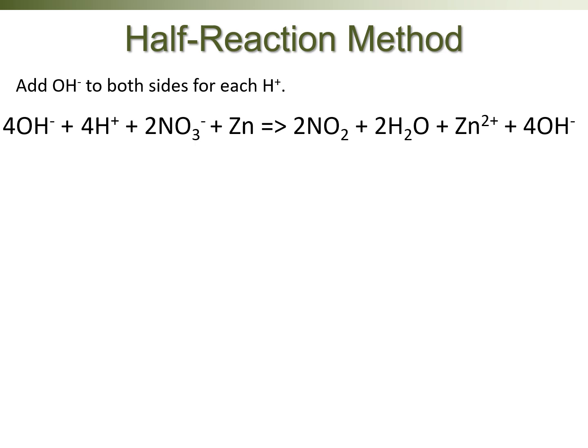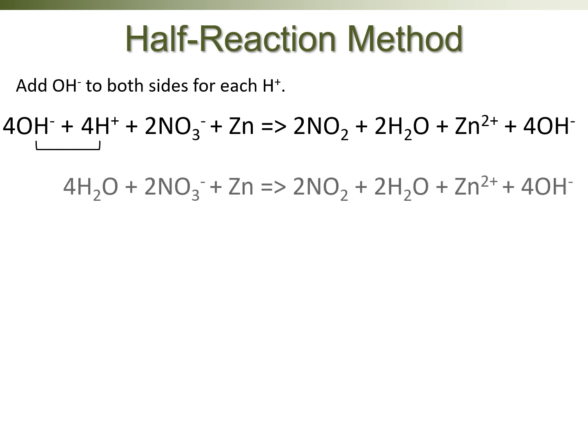All right, so what happens when you add hydroxide and hydrogen together? Well, you're going to end up with a water molecule. So I'm going to rewrite this showing that I now have 4 water molecules on the left. Everything else stays the same. Oh, but now we have some repeating terms because we have water on the left and we have water on the right. We have 4 waters on the left and we have 2 waters on the right.